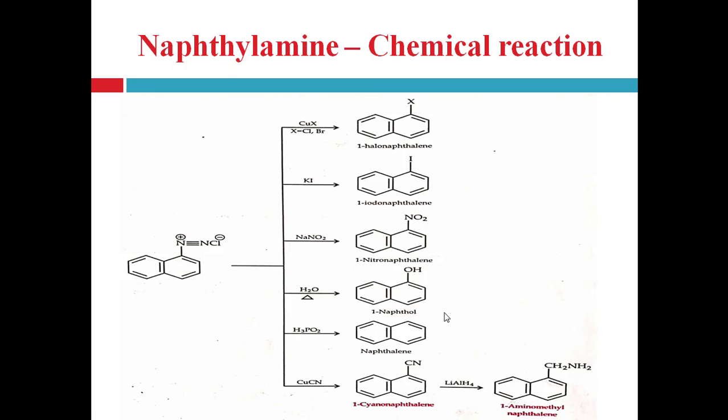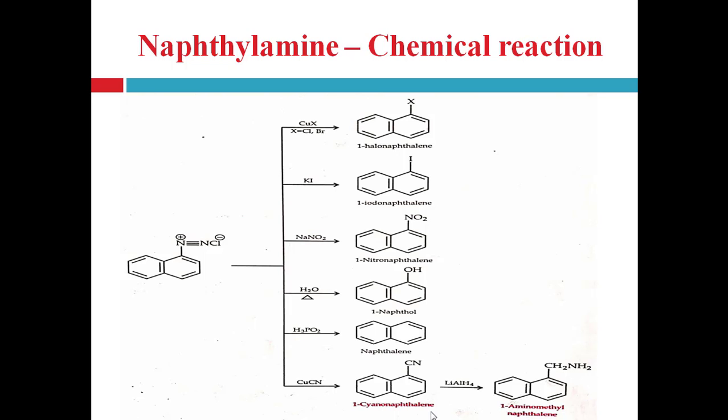Then naphthalene diazonium chloride reacts with copper cyanide and forms 1-cyanonaphthalene. The cyanide group replaces the diazonium chloride group. When this 1-cyanonaphthalene undergoes reduction with the help of lithium aluminium hydride, that is a reducing agent, then it will form 1-aminomethyl naphthalene.